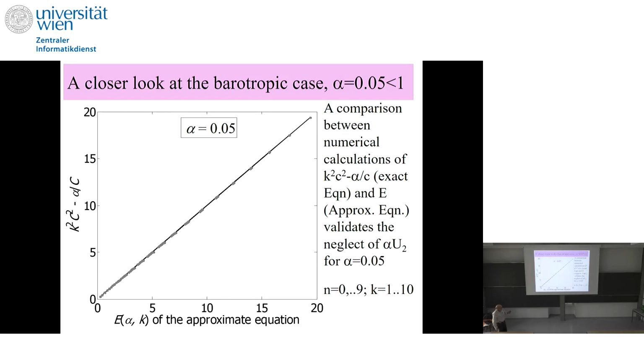Just to show you, here's an alpha of 0.05. If I solve the two equations, one of them yields E, the approximate one with U1, numerically.